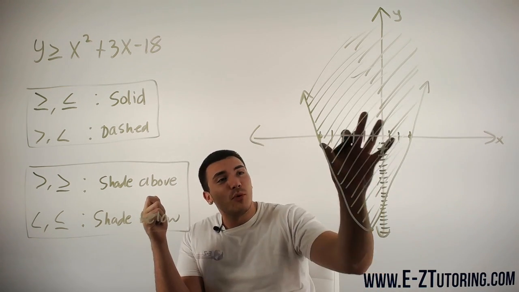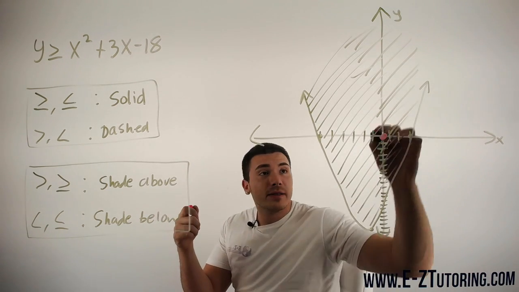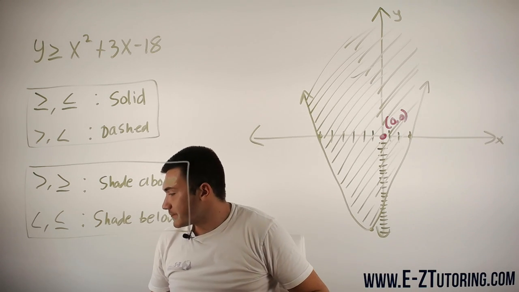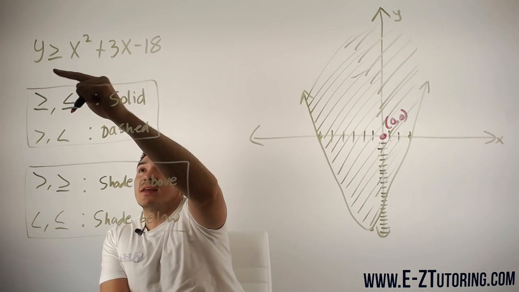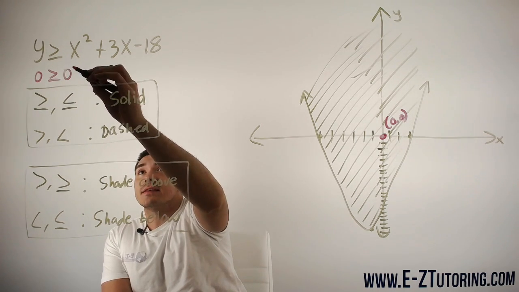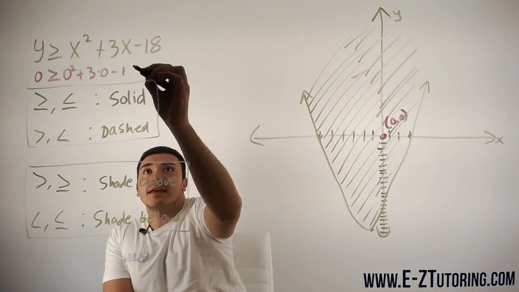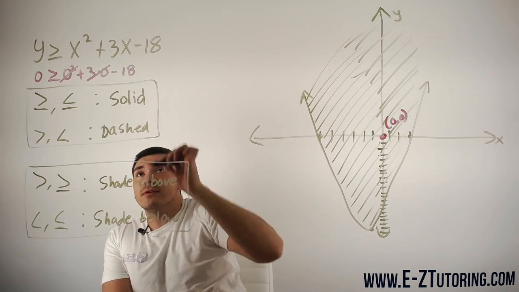So let's choose a point inside the parabola. A really easy point we could choose is 0, 0. This is going to be very easy. So that means x is 0 and y is 0. So we plug in a 0 for y, and we plug in a 0 for all the x's. Plus 3 times 0 minus 18. 3 times 0 is 0, 0 squared is 0.